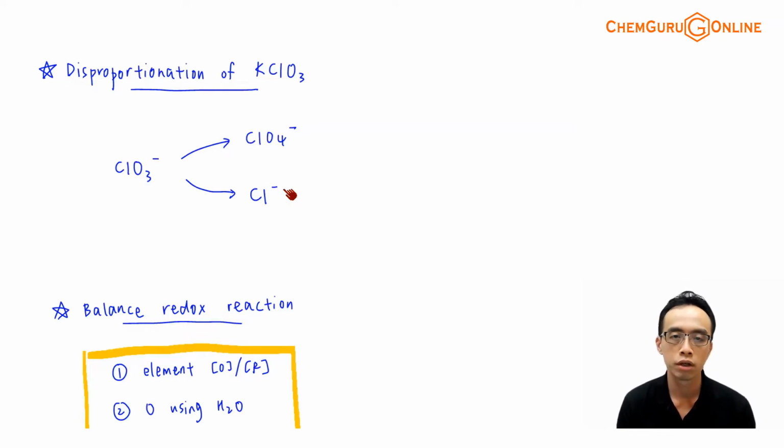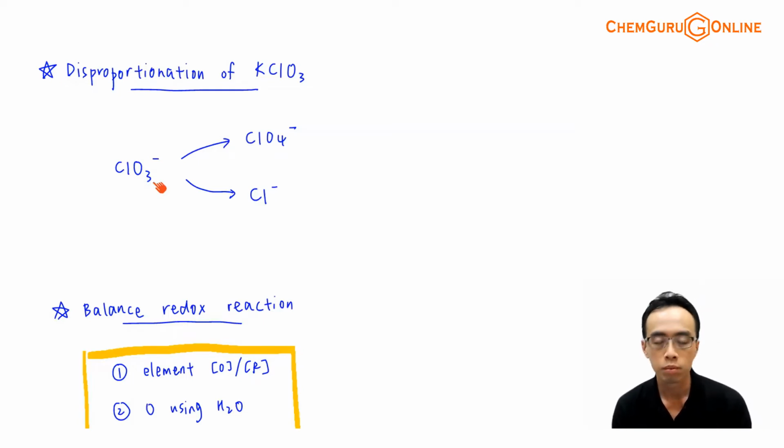Disproportionation is also a redox reaction, but we have one species oxidized and reduced in the same reaction. One compound here, in this case chlorate(V), undergoes oxidation and reduction to form two different things in the same redox reaction, and that is what we call a disproportionation. So basically, disproportionation is where we have one species simultaneously oxidized and reduced in the same redox reaction.